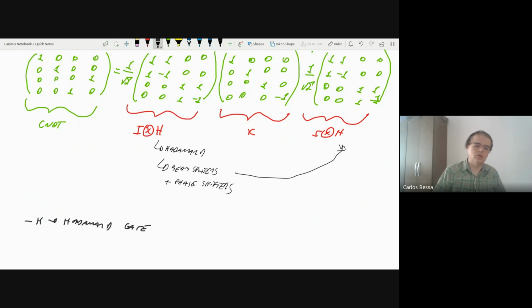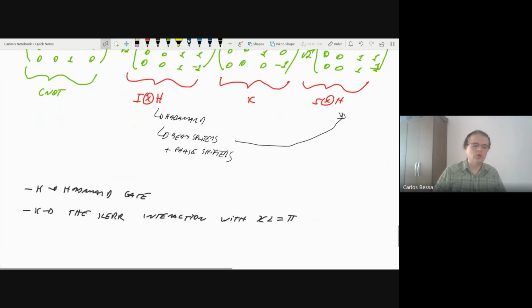Questions? No. And K is the Kerr interaction with L equal to pi.